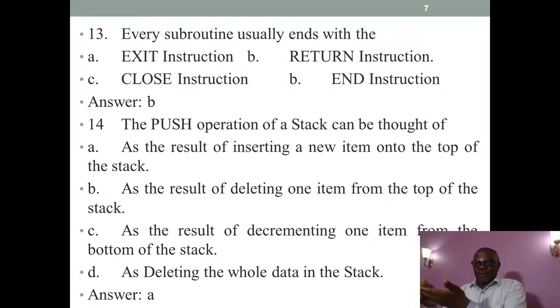So when you are stacking, adding on top, you are pushing down. When you are removing from the top, you are popping up. When you remove the one on the top, another one pops up to that point.